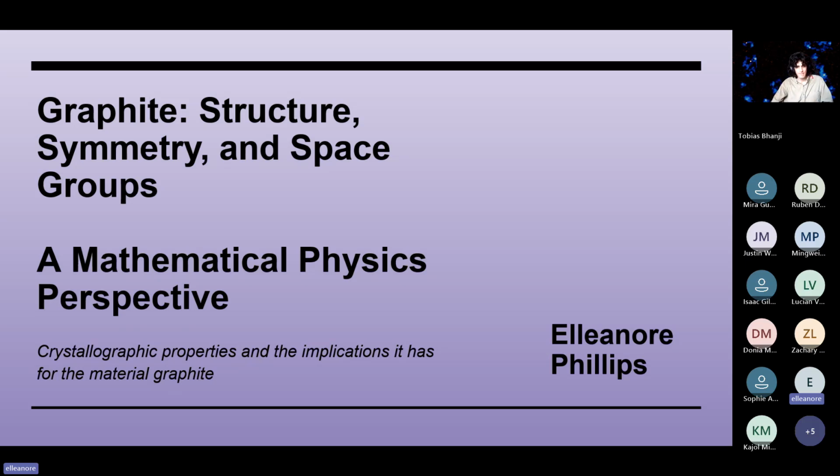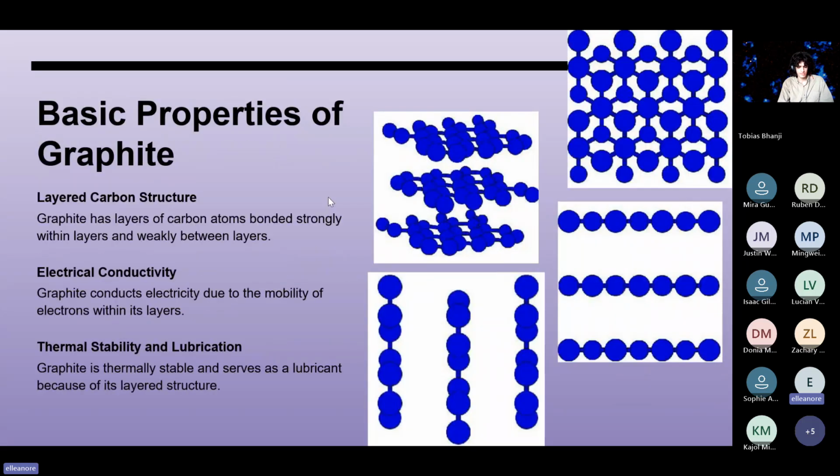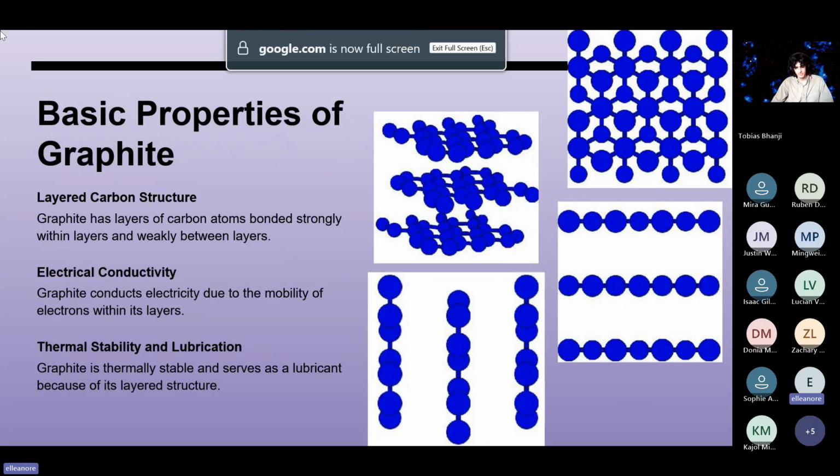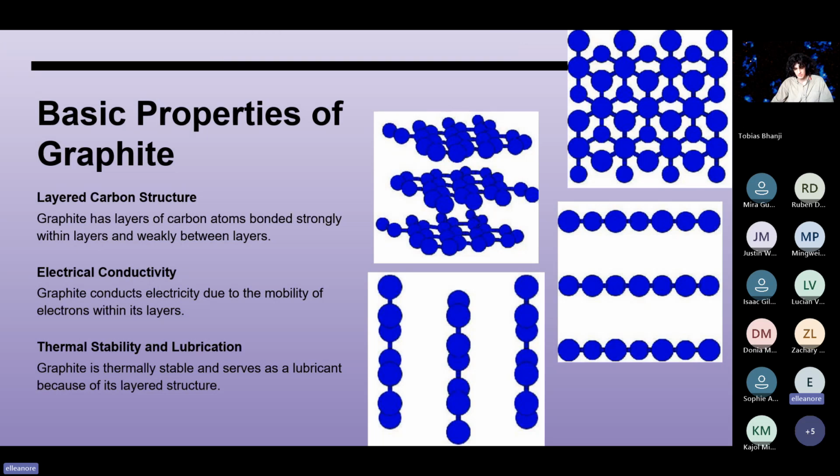I looked into the structure, symmetry, and space group, but specifically for graphite, since obviously we're the mathematical physics group, so the properties and implications it has. So I wanted to start off by talking about the basic properties of graphite, which a few of us might have already come across.